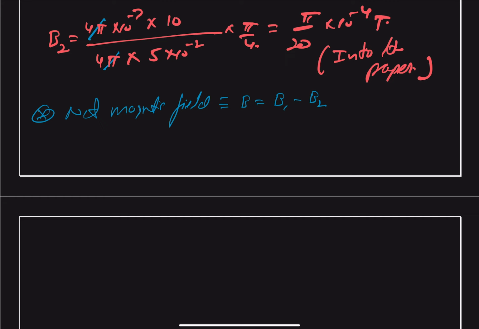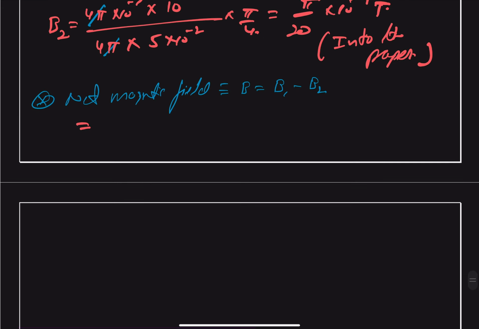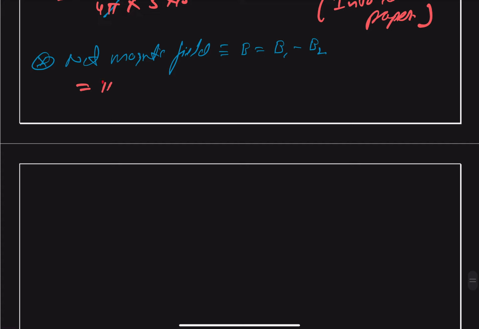So we substitute, we get this as pi by 12, pi we can take as common, pi into 10 to the power minus 4, this comes as 1 upon 12 minus 1 upon 20, and this comes as 5 minus 3 divided by 60.